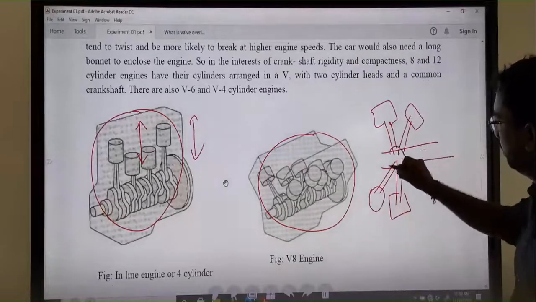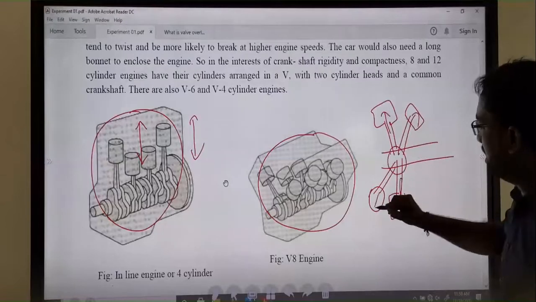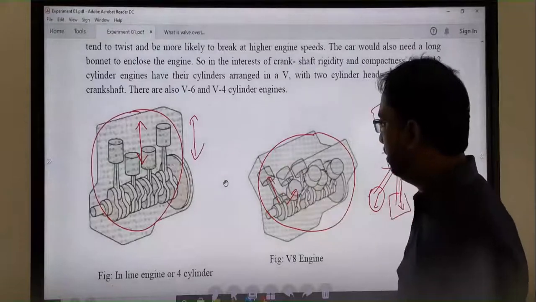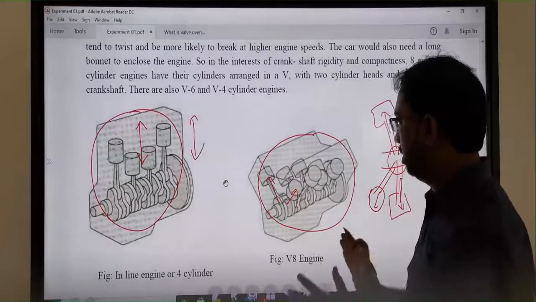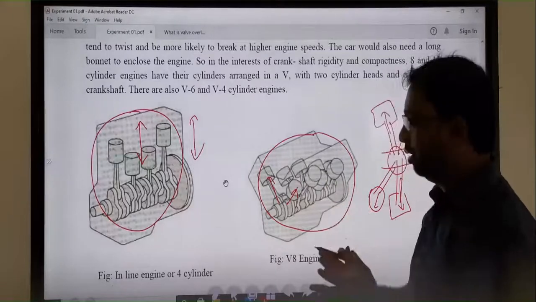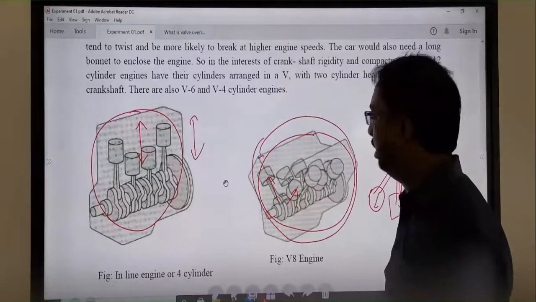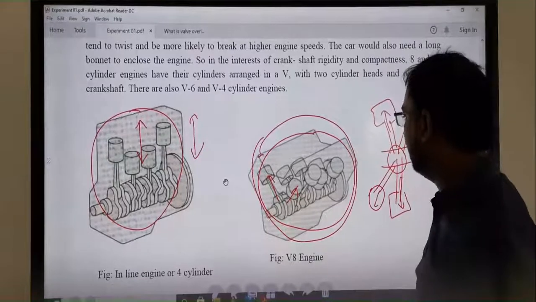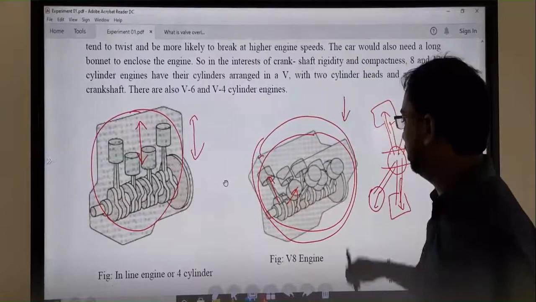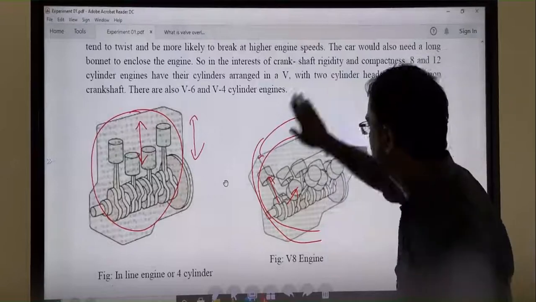This is rotating, so all the forces are balanced by this piston. In the V-cylinder also, the forces are not opposed by any forces. Okay, both forces are working like this. So the vibration of this total arrangement is considerably reduced. So these types of engines are very smooth.